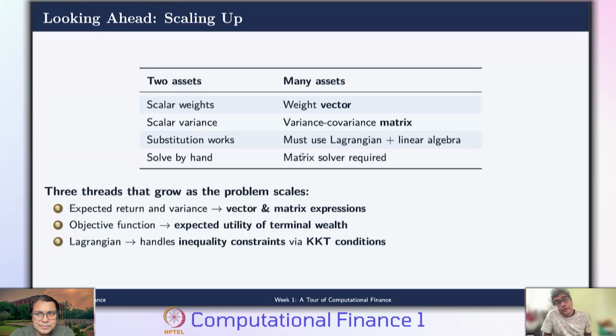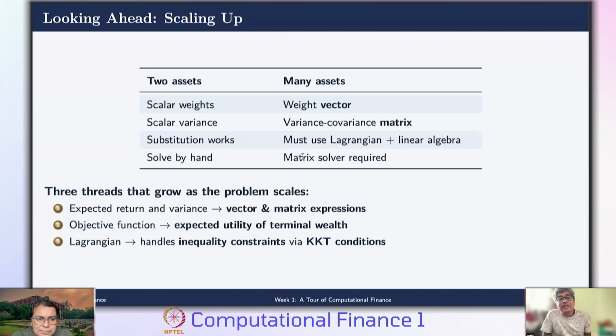Right now we have shown you that the substitution method gives you the solution. But when we move to many assets, substitution will not work. The only things that will work are the Lagrangian methods and linear algebra methods. So we have to take the help of linear algebra.